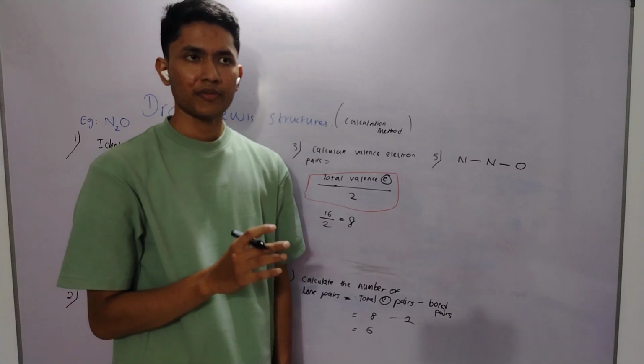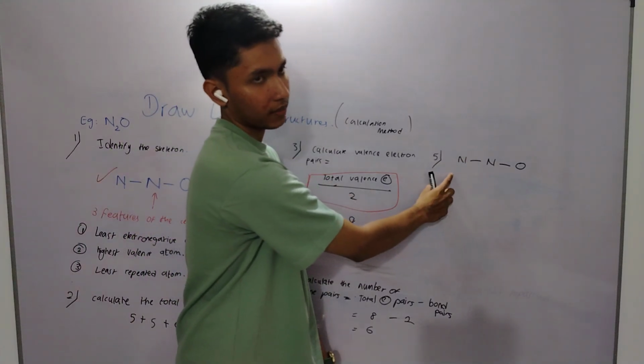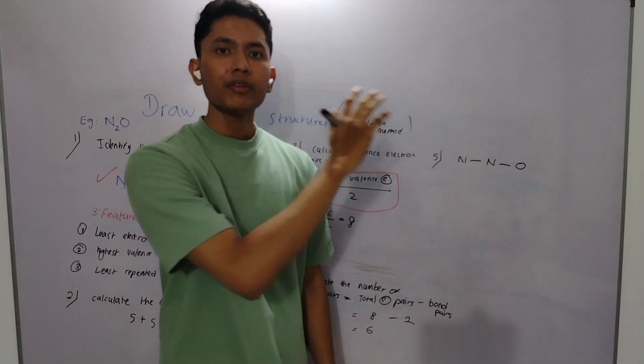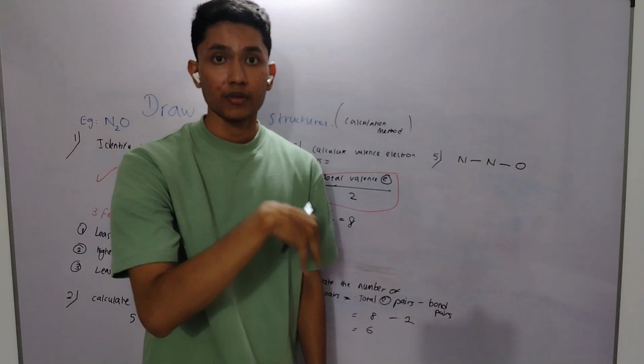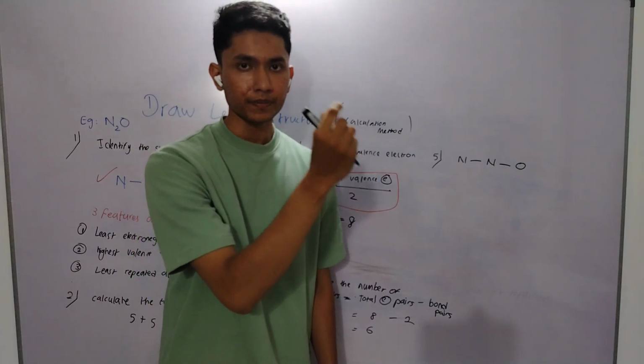We start filling the terminal atoms first. This is the central atom, this is the terminal atom. After filling the terminal atoms, if there are remaining lone pairs, we come to the central atom.